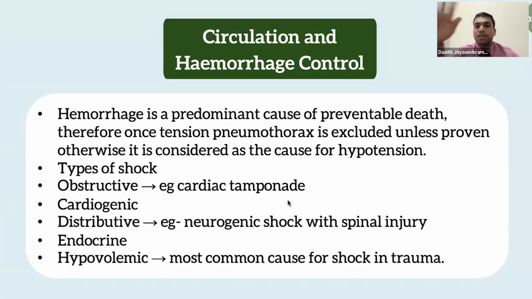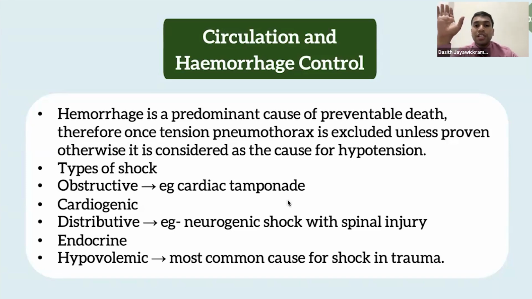The bleeding can happen in 5 areas: chest, abdomen, pelvis, long bones, and one on the floor. That means external bleeding.